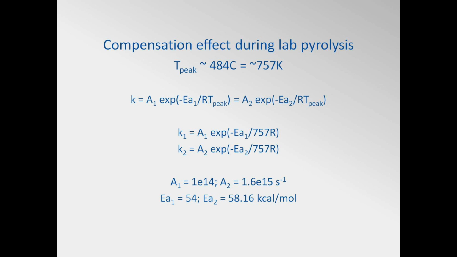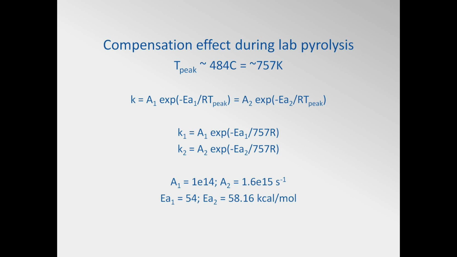And if we say that we could get the same pyrolysis rate using two different combinations of A and E, as shown on the next line with the K value, the reaction rate constant, equaling two different versions of the Arrhenius equation.